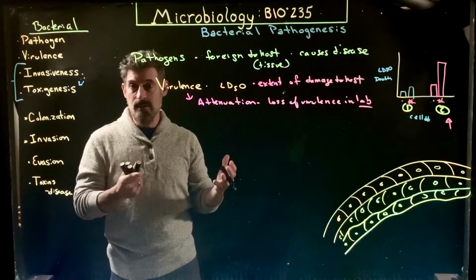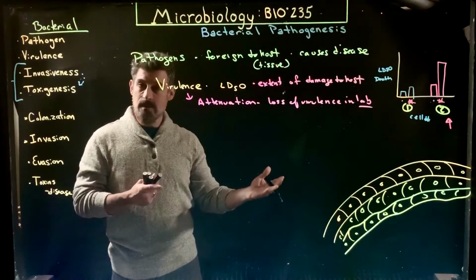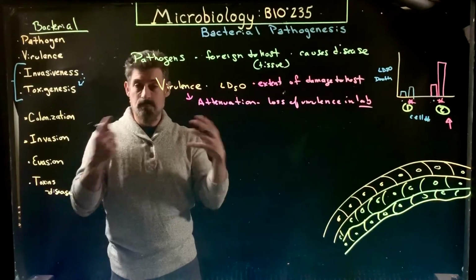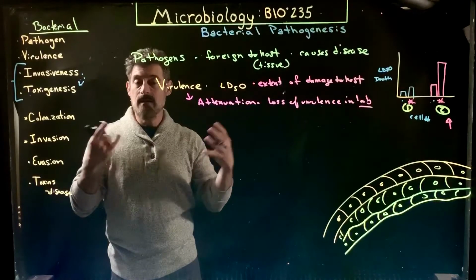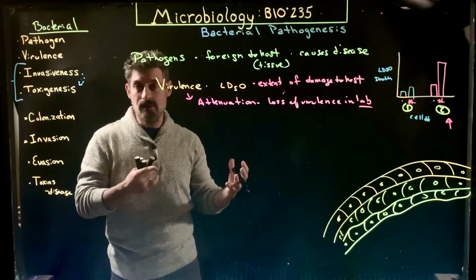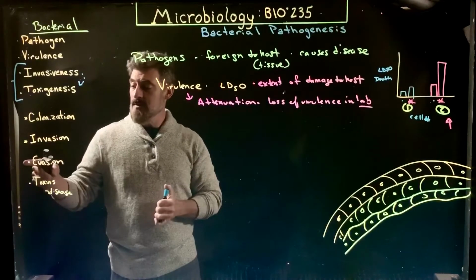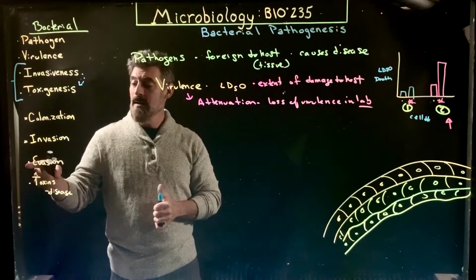So the organism is both damaging the host tissues for nutrients just to feed themselves, and also producing chemicals that are toxic to the host, and then the host is reacting to them in various different ways. We'll also have a little subtopic about evasion.